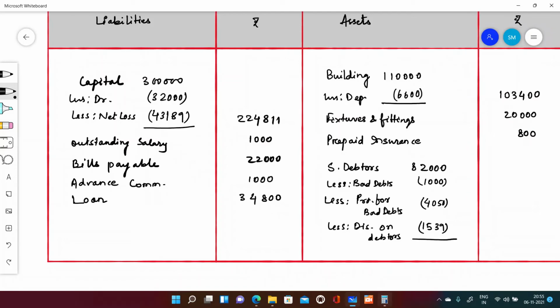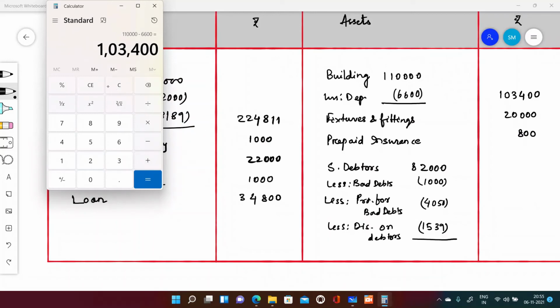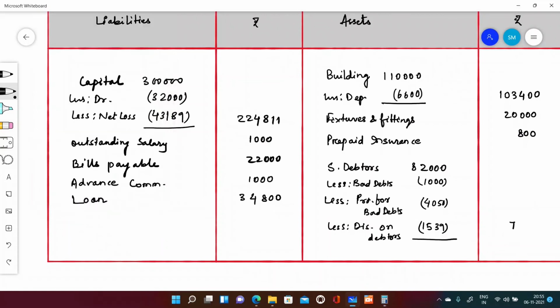So now sundry debtors for this current year is 82,000 minus 1,000 minus 4,050 minus 1,539. So this is my 75411.